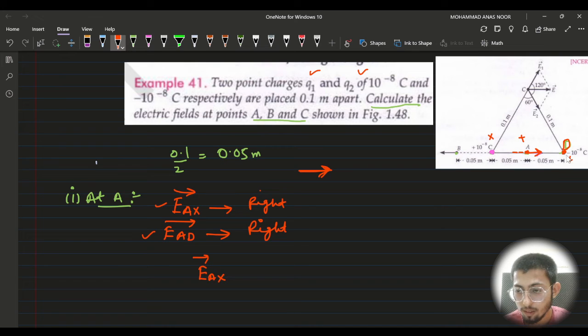Now find EAX. So it will be K, right? And then Q, which is plus 10 to the power minus 8, isn't it? Ignore the positive sign. KQ by R square. What is R?